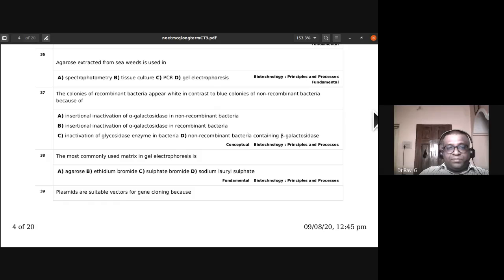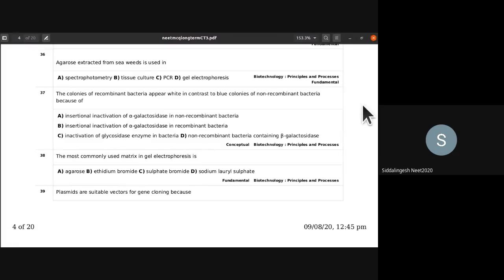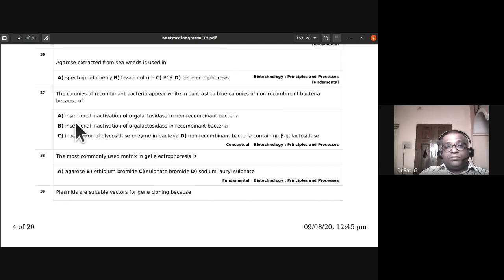What is the answer? D, sir. Yes, sir. Beta galactosidase. See, the colonies of recombinant bacteria appear white in contrast to blue colonies of non-recombinant bacteria because of why the colonies of recombinant bacteria appear white.